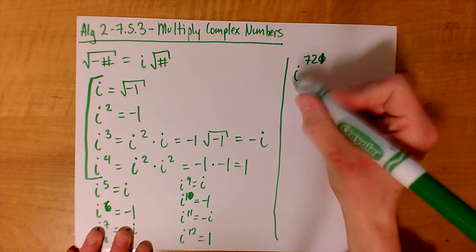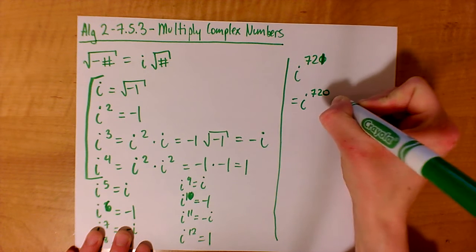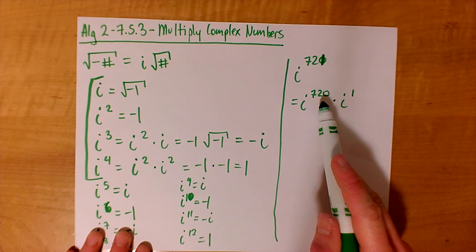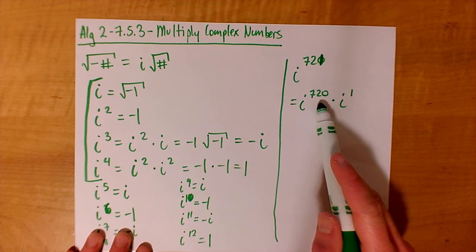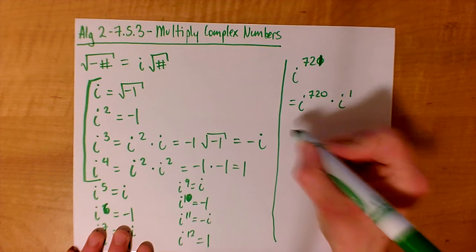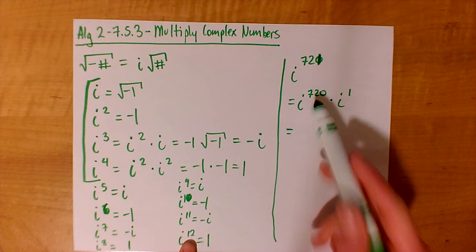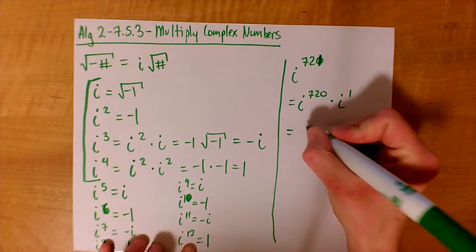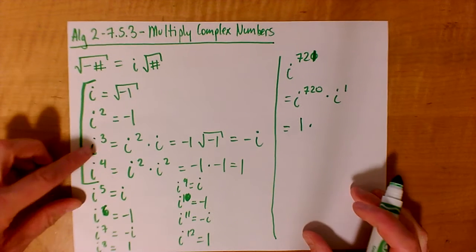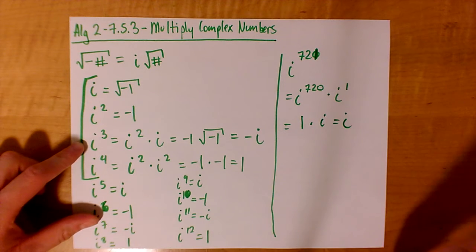So i to the 721 is the same thing as i to the 720 times i to the 1. When you're multiplying things with the same base, you can add your exponents, and 720 plus 1 gives you 721. That's why that works. Any i power that's a multiple of 4 is just 1. And from the pattern of the first 4 powers of i, you know that i to the 1 is just i, and so our answer is i.